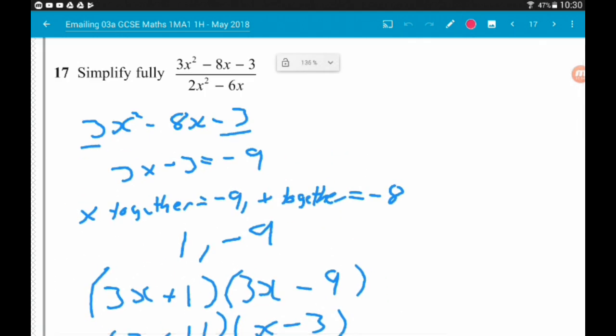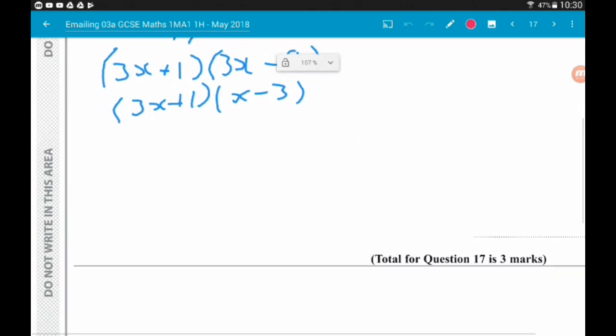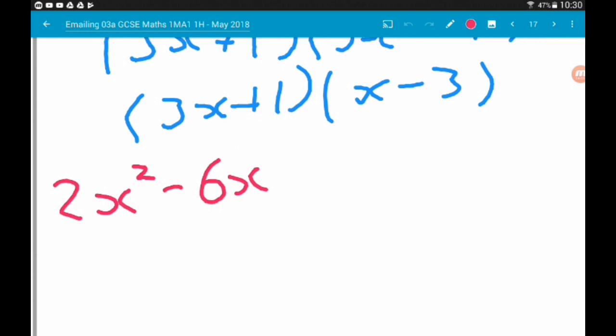Now we want to factorise the bottom, 2x squared minus 6x. A little bit easier, hopefully. First of all, there's a common factor of 2. So we can write this as 2 lots of x squared minus 3x.